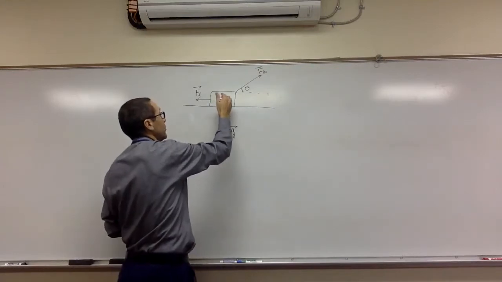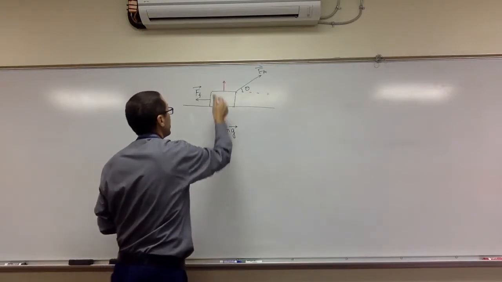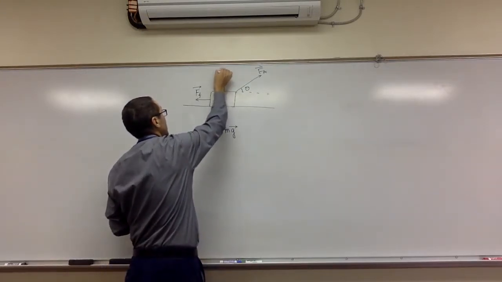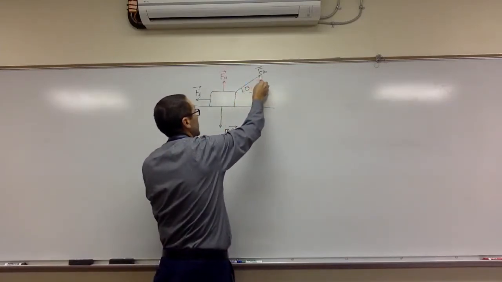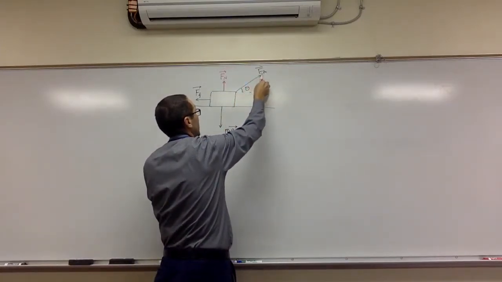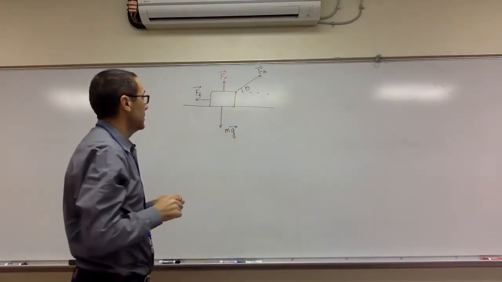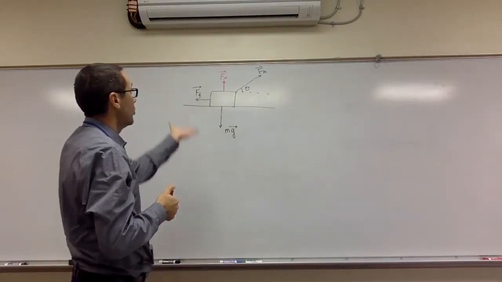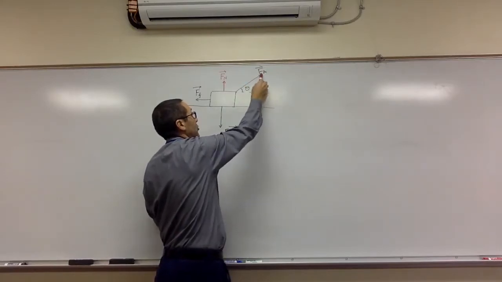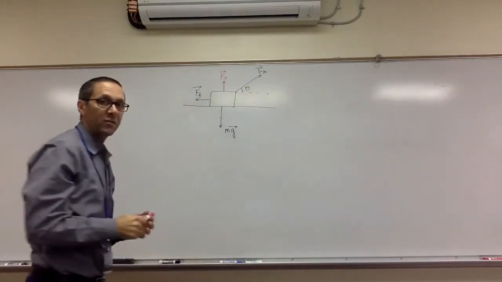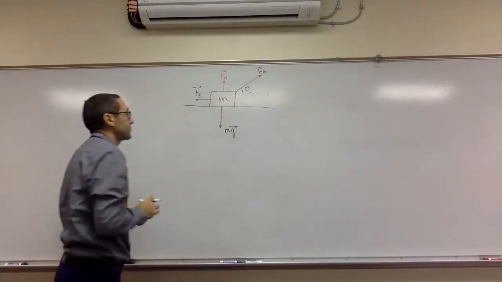So my normal force should be less than mg, because the vertical component of Fa will help support the block. It will not just be the surface or the table that's supporting the block. You're also providing some of the support by pulling up, even though the object never leaves the surface. And we're going to say that this object has a mass m.